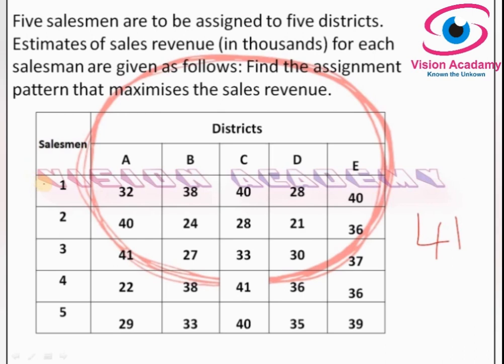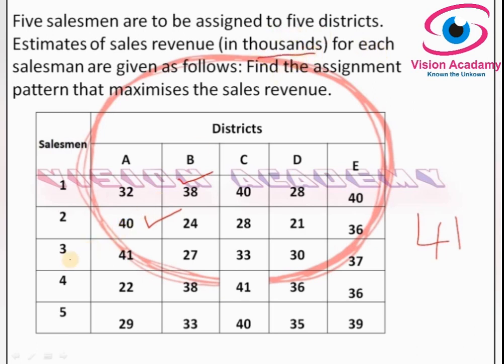Look here, salesman 1 is allotted to B district, which means the revenue of salesman 1 in the B district is 38. Salesman 2 is allotted to A district, which means the same thing: the revenue for salesman 2 in the A district is 40. 40 is given in 1000 value, 40,000.